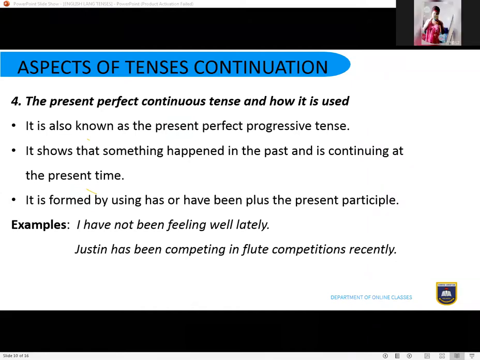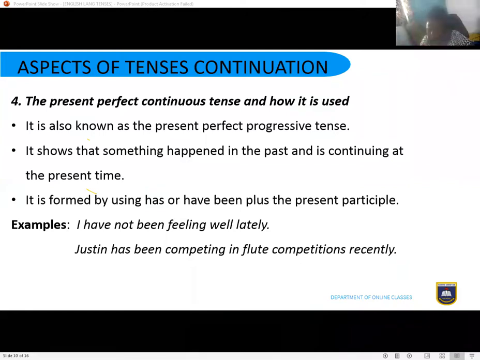Present continuous tense. We also have the future time or future tense. You're just mixing everything up for us.